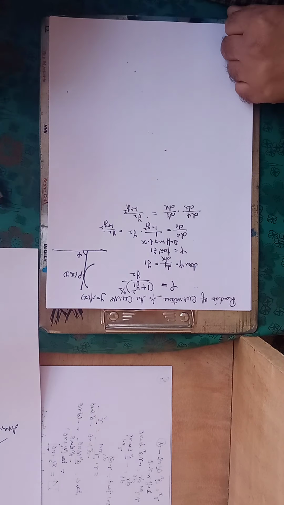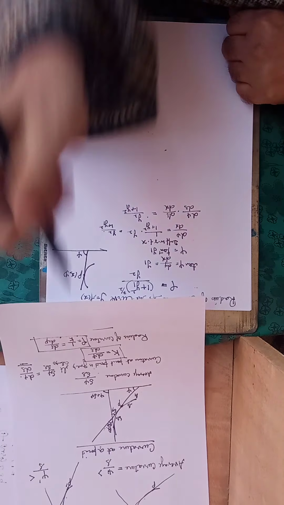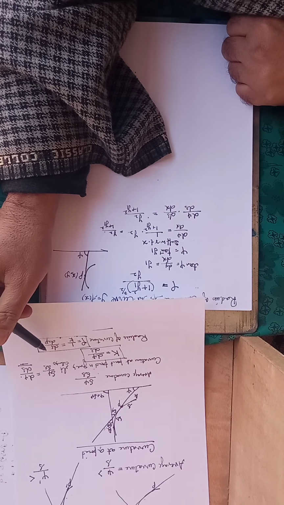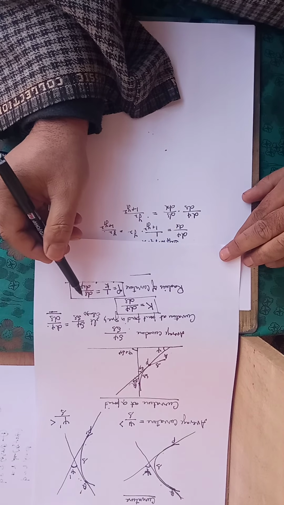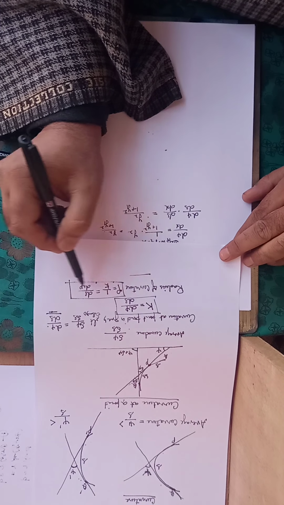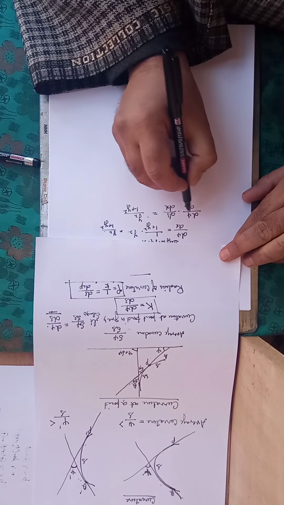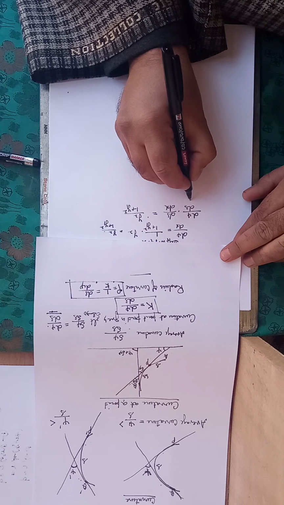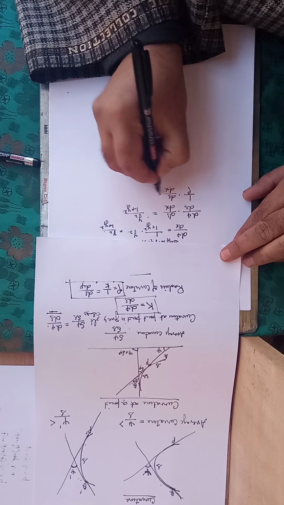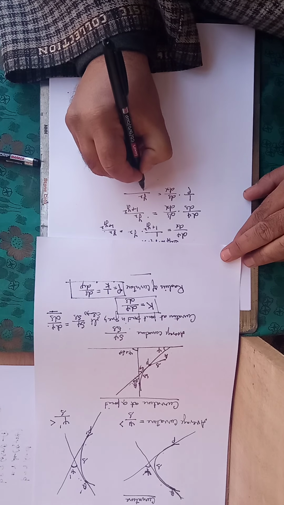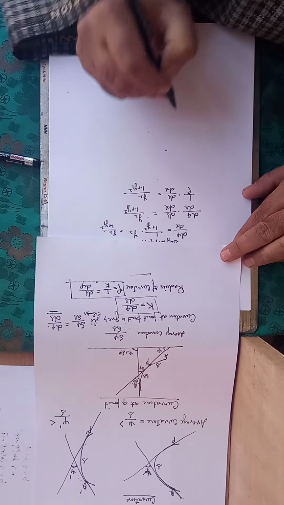Now we have seen that ds by d psi is rho. So this is d psi by ds, which is 1 by rho. And ds by dx is the remaining factor.